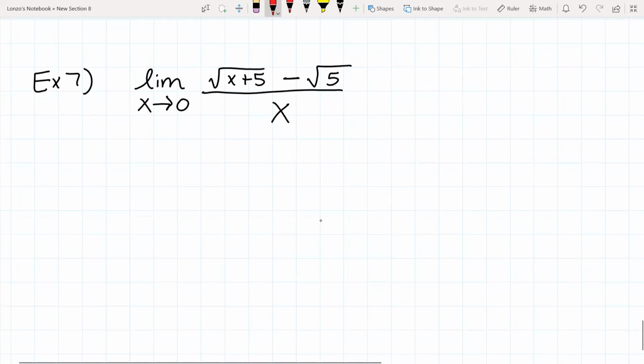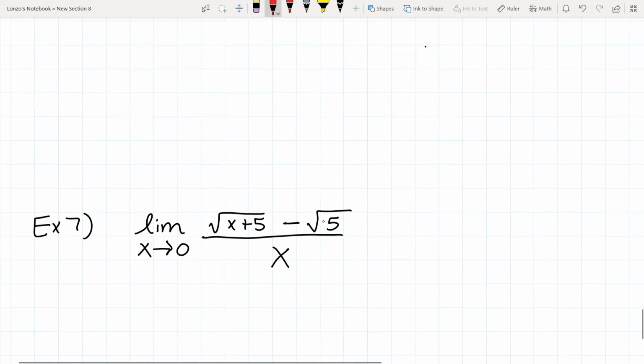And then I think let's do the last one. This one is the limit as x approaches 0 of this rational function. It's very similar to example 4, so you're going to do the same concept, but instead of multiplying top and bottom by the conjugate of the denominator, you're going to multiply top and bottom by the conjugate of the numerator.